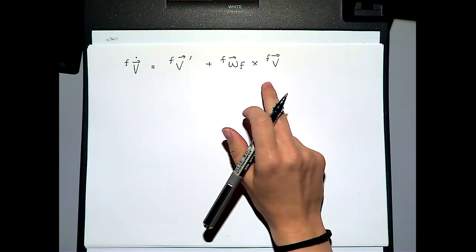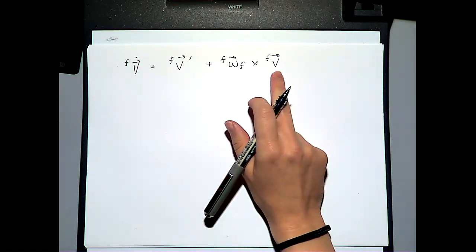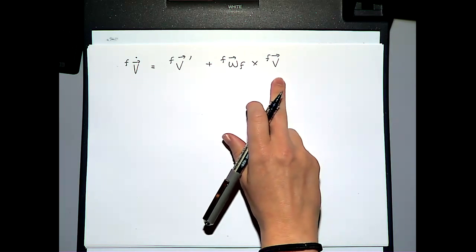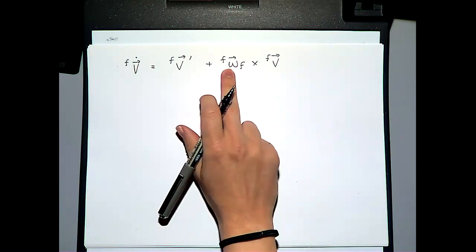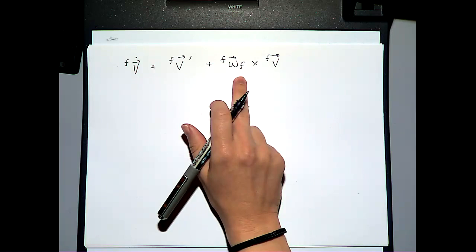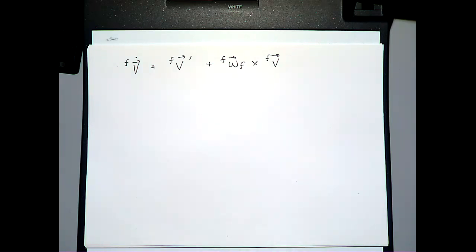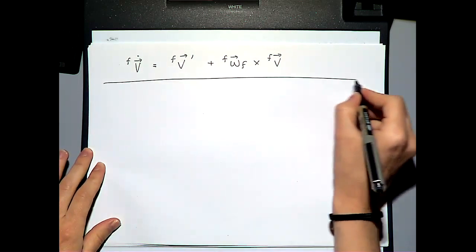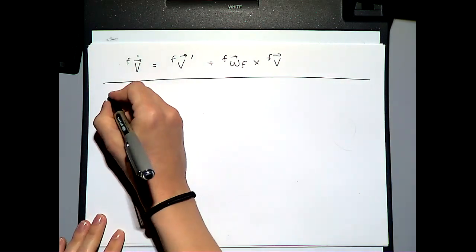It's just that you are doing that derivative. If you are doing that derivative in frame F, you will use omega of that frame F. Okay, so let's do some examples.